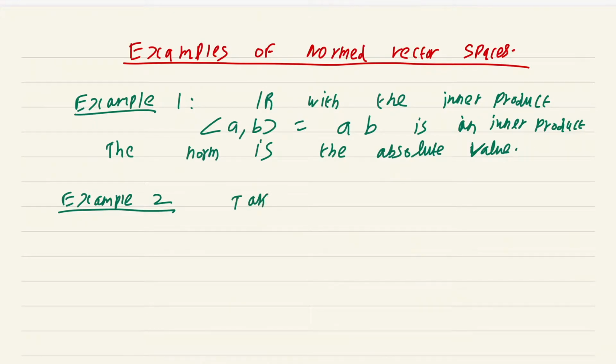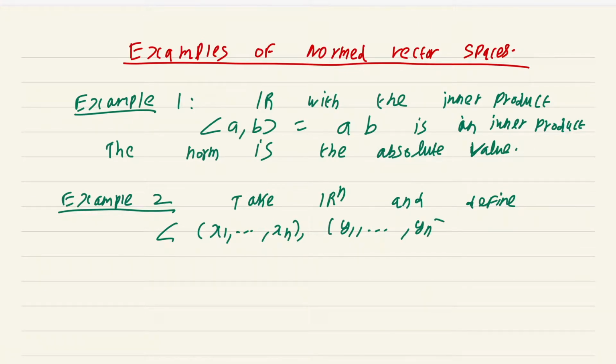Take Rn and define the inner product of x1 to xn with y1 to yn to be nothing but summation xi yi. You just multiply out the corresponding components and just sum them all from 1 to n. Okay, so this is the standard inner product on Rn.